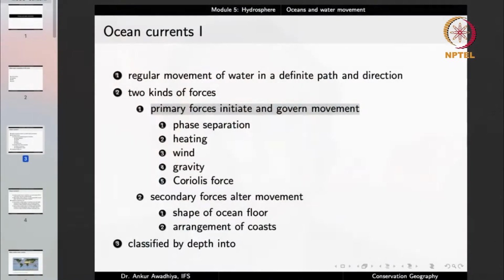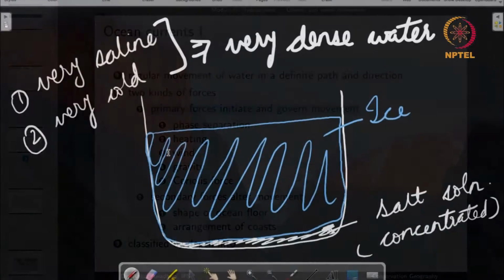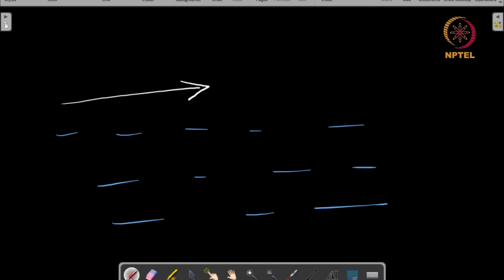Or you'll have forces like winds that get developed. So the third primary force is wind. In this case, if you have the body of water and there is continuously a wind that is flowing in a particular defined direction.